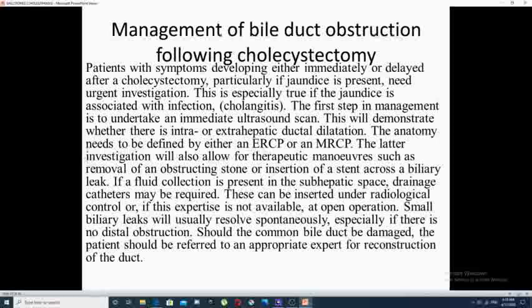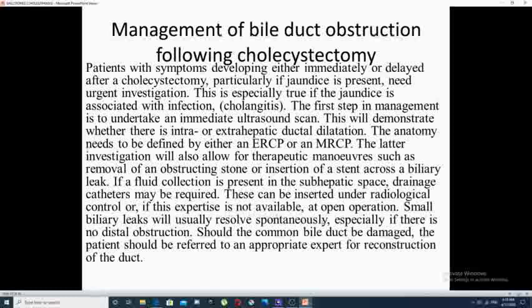The latter investigation will also allow for therapeutic maneuvers such as removal of an obstructive stone or insertion of a stent across a biliary leak. If a fluid collection is present in the subhepatic space, a drainage catheter may be required, which should be inserted under radiological control if an expert person is not available.